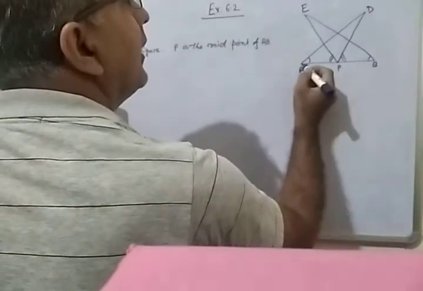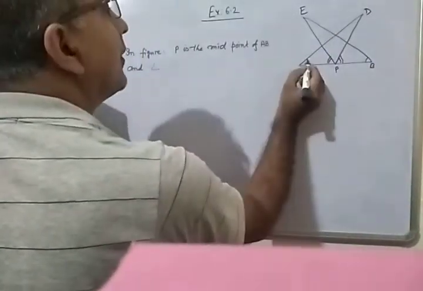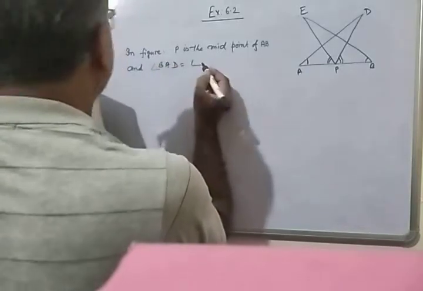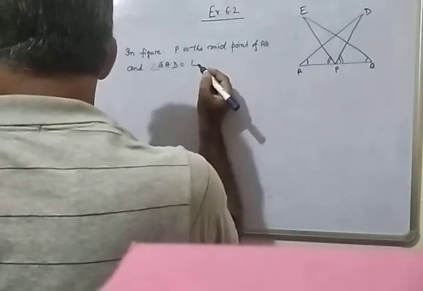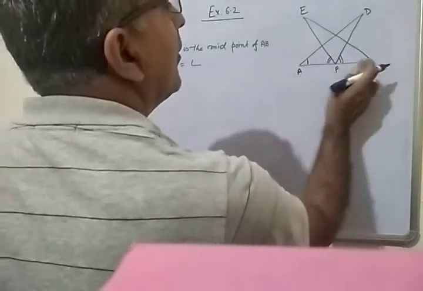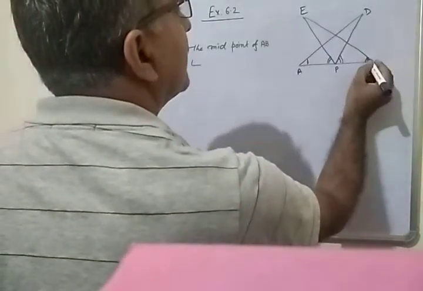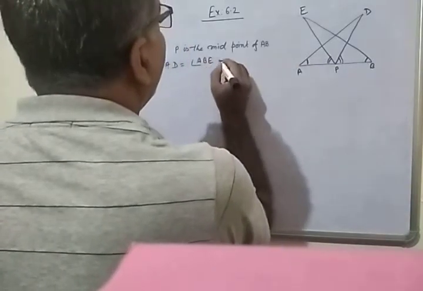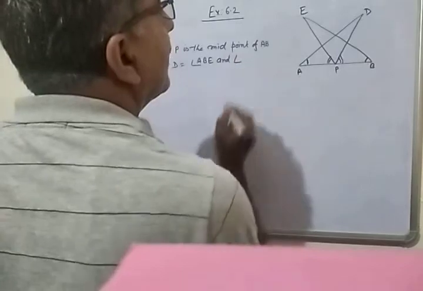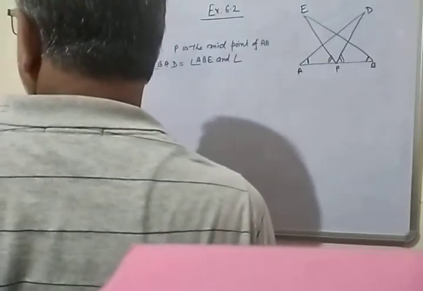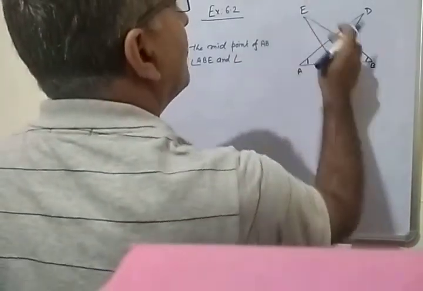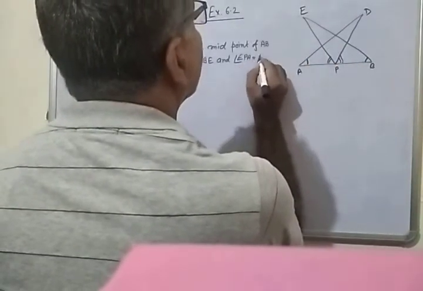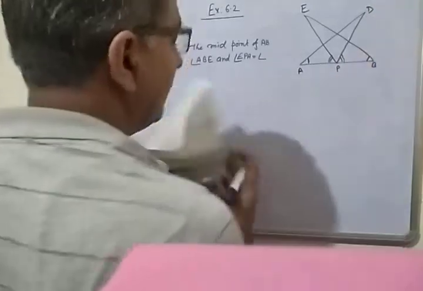Angle BAD equals angle ABE, these are equal. Angle EPA equals angle DPB.